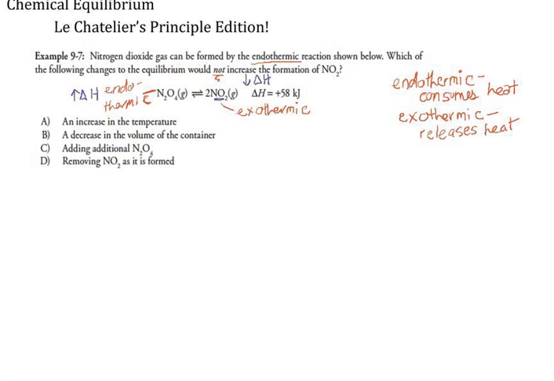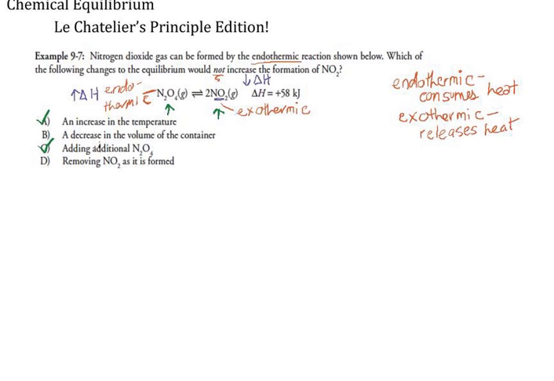Okay, so we've eliminated A, right? We know that an increase in temperature will actually increase the formation of NO2, and we're looking for the thing that would not increase it. Okay, well, continuing to think about Le Chatelier's principle, we also know that adding additional N2O2 to the system is probably going to mean we're going to get an increase in NO2 overall in order to, again, maintain that balance, right?